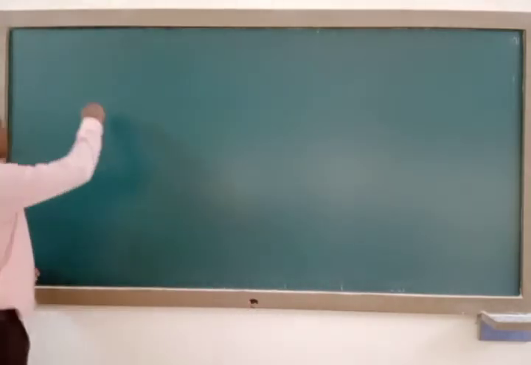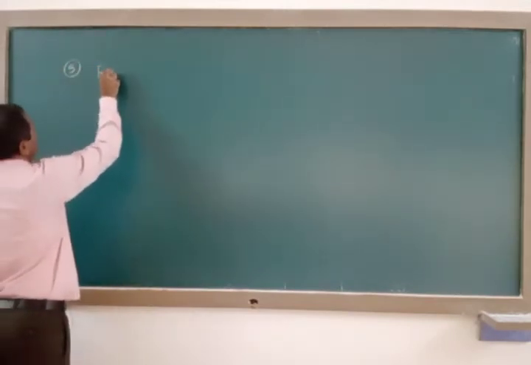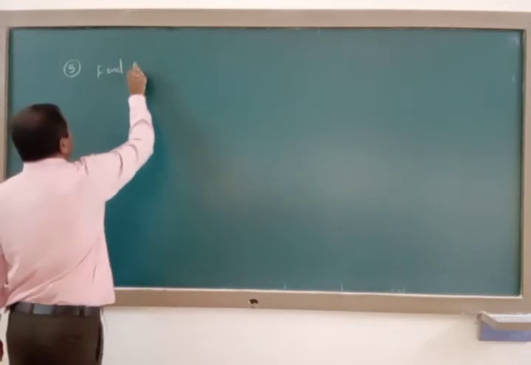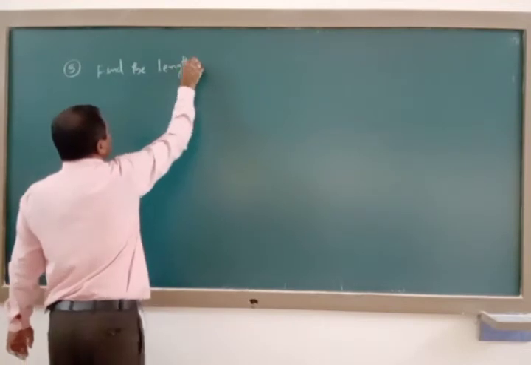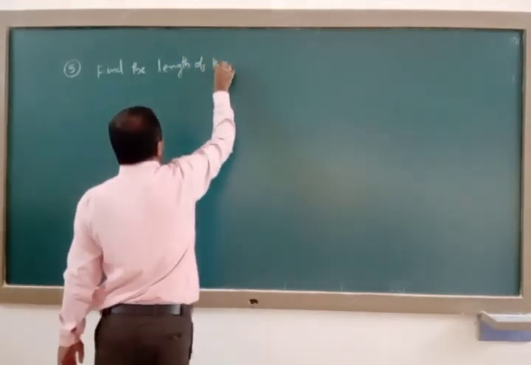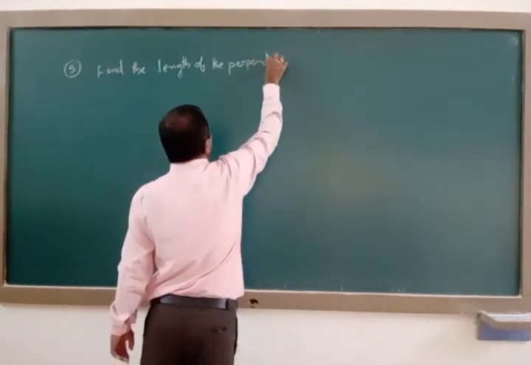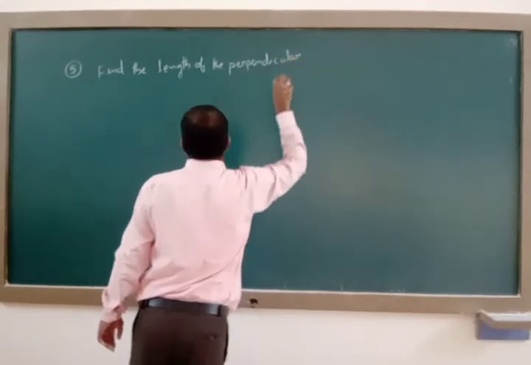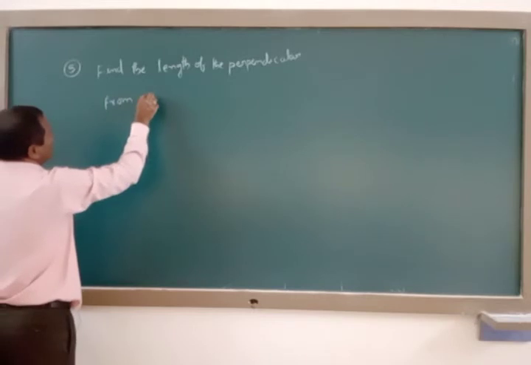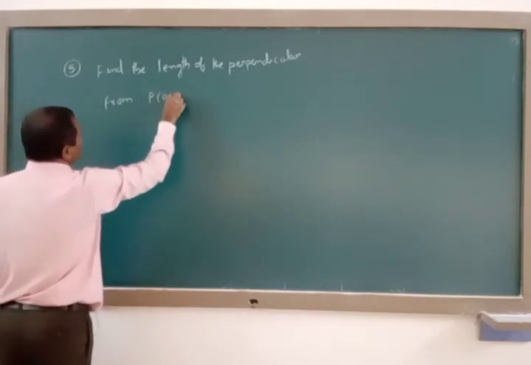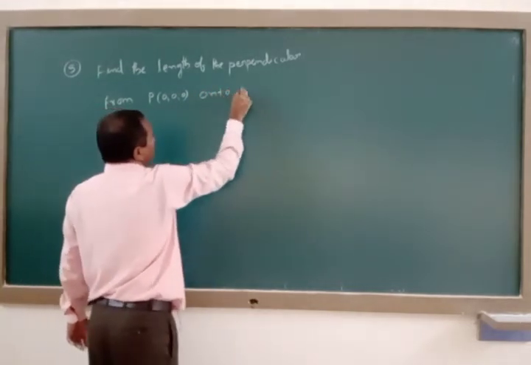Next, the fifth question here. Find the length of the perpendicular from the point origin, 0, 0, 0, onto the plane.